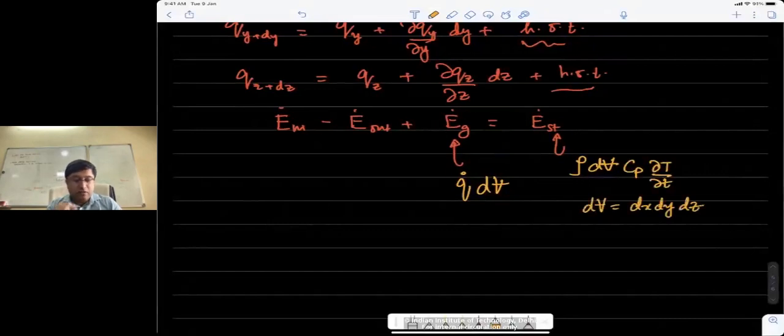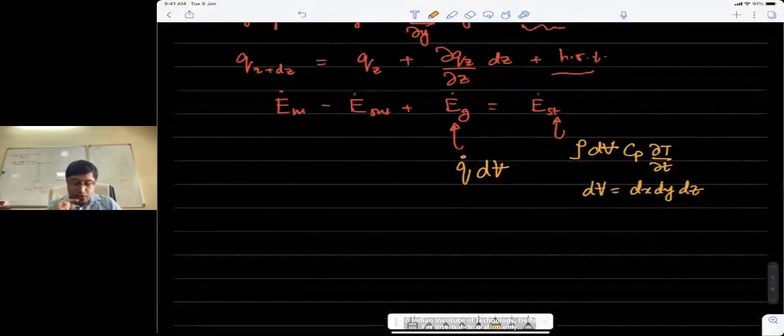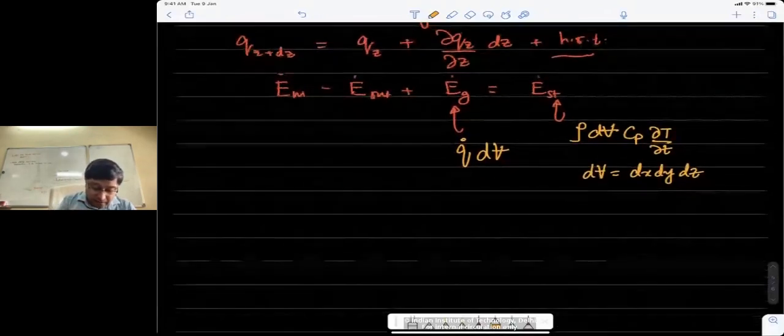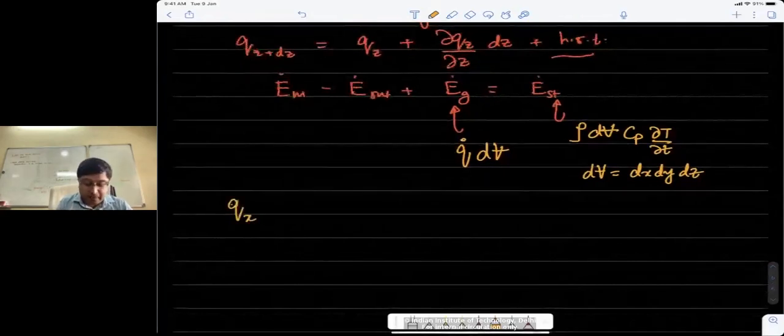So I will use this now to calculate the overall energy balance. Let's write E dot in. E dot in is all energy that is coming in, which is Qx plus Qy plus Qz.